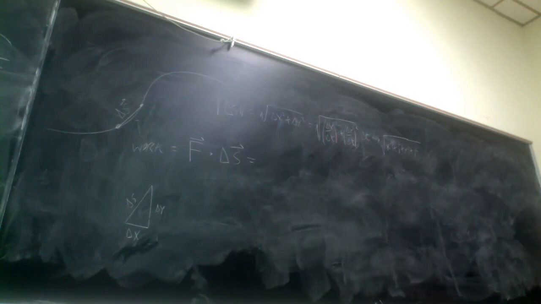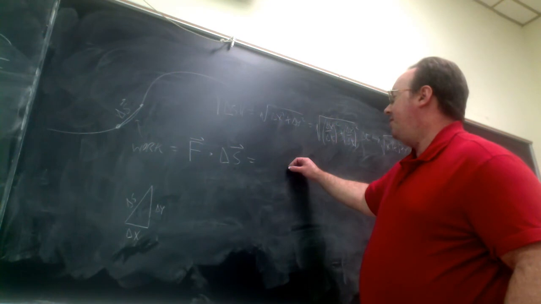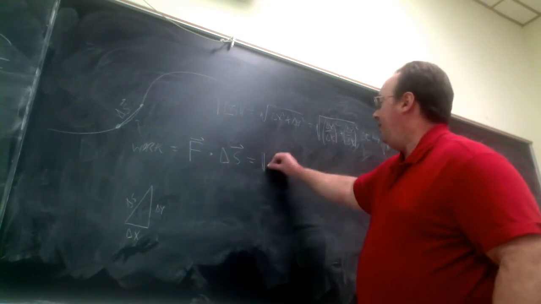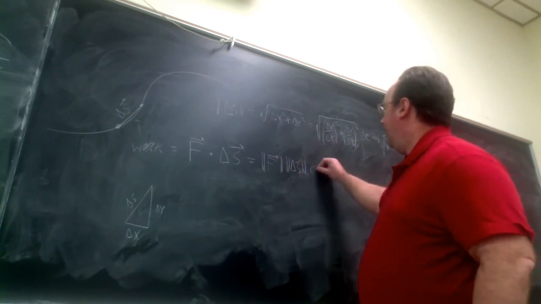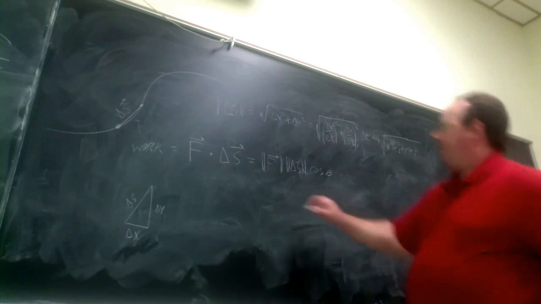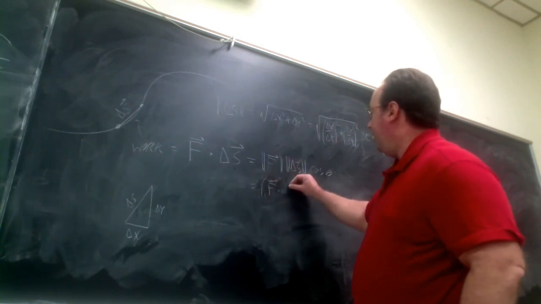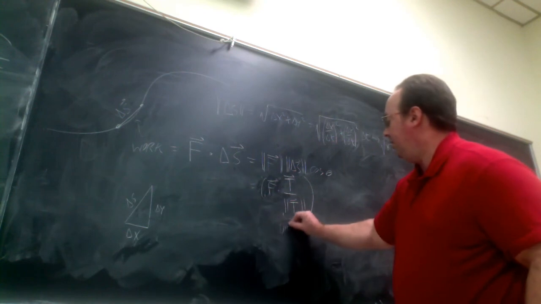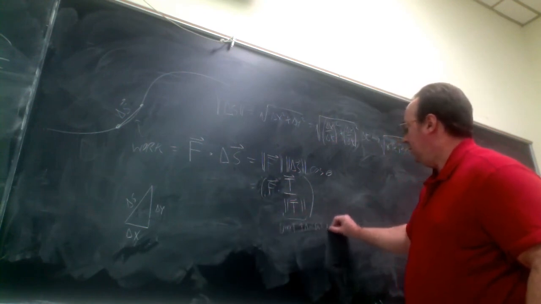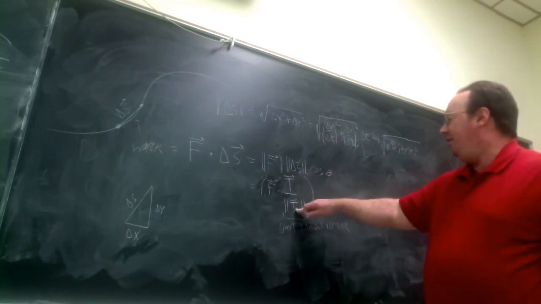So now what I'm going to do is, because I could write this as the magnitude of F times the magnitude of delta S times the cosine of the angle between them, that's the same as writing this as F dot product of the unit tangent vector, and because I divided by the magnitude, I still have a magnitude again out here.